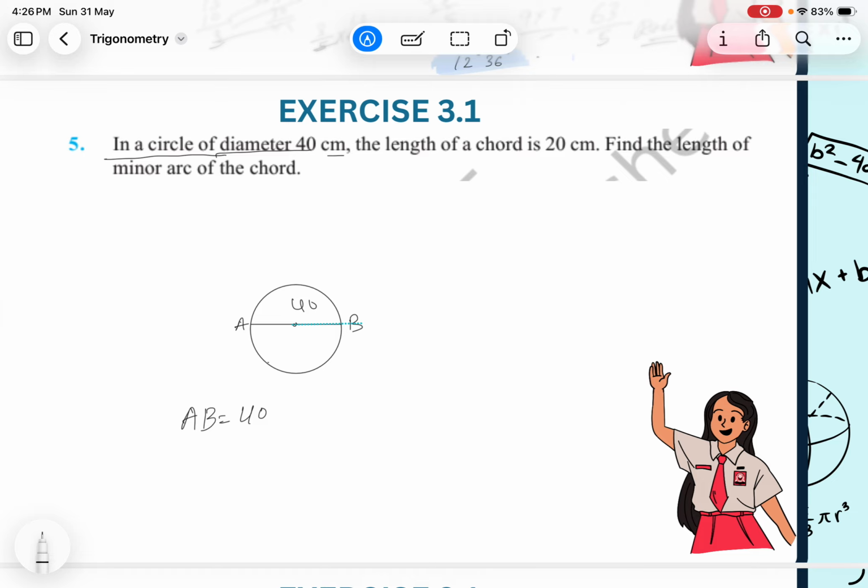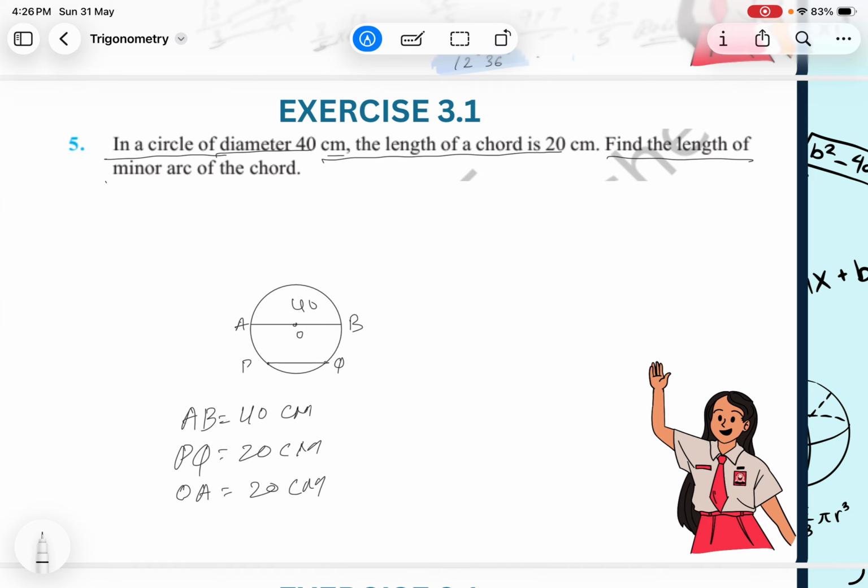Suppose we have 2 points that is not crossing the center line, and the length of this P and Q equal to 20 centimeter. This is 40 centimeter, so we can say suppose this is O, so OA equal to 20 centimeter, that is radius. So length of the chord is 20 centimeter.